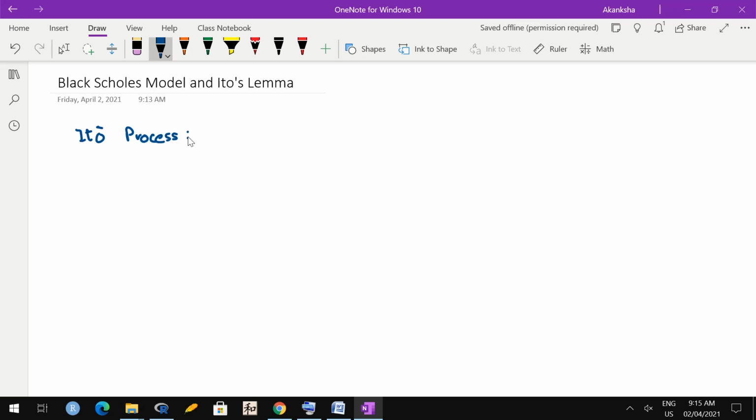So an Ito process is basically a stochastic process which would involve some function of Brownian motion and it satisfies certain conditions. So let me write down the definition. Let Zt, where small t is between 0 and capital T, be a standard Brownian motion.